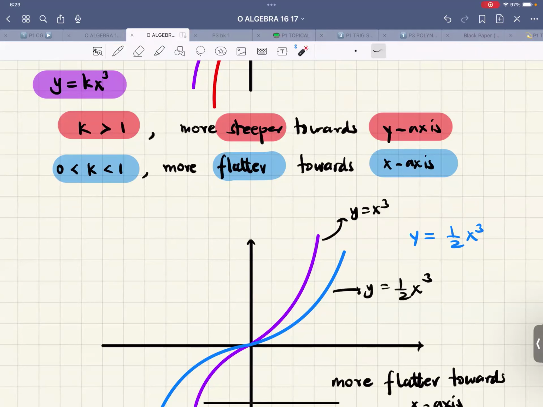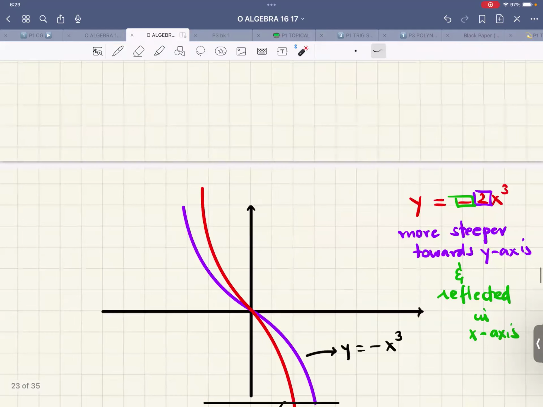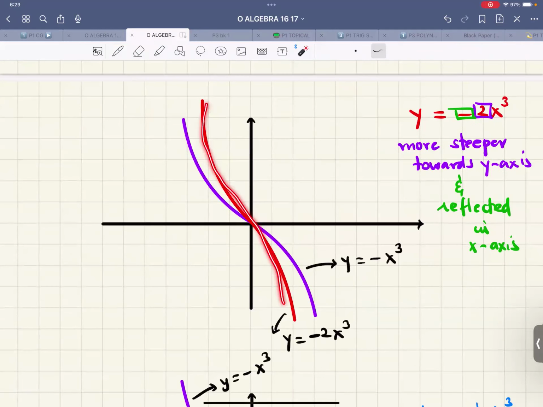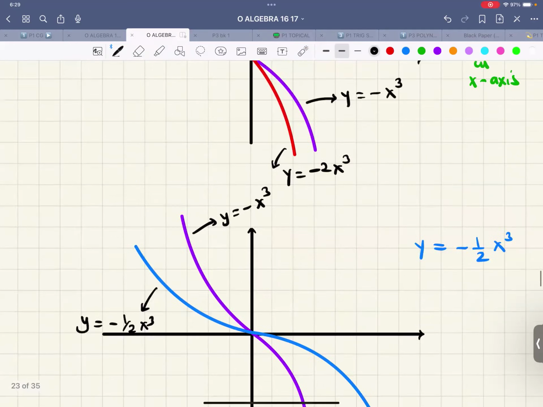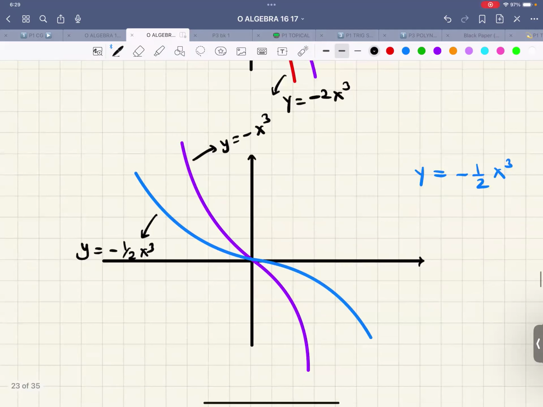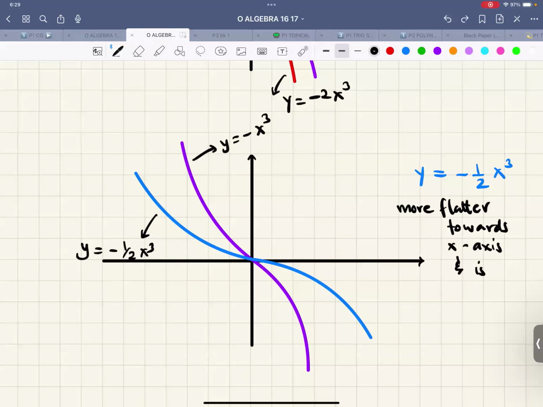If k is greater than 1, it's more steeper towards the y-axis. Yes, it's more steeper, but it's also reflected in the x-axis. This is more flatter. So over here, this is more flatter towards the x-axis and is flipped or reflected in the x-axis.